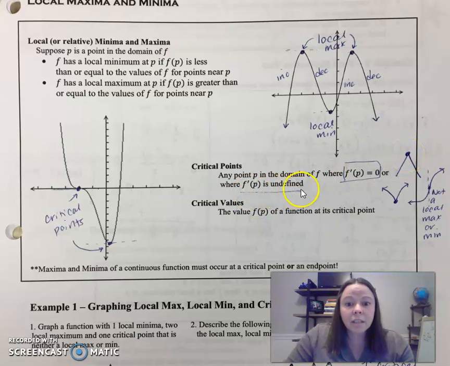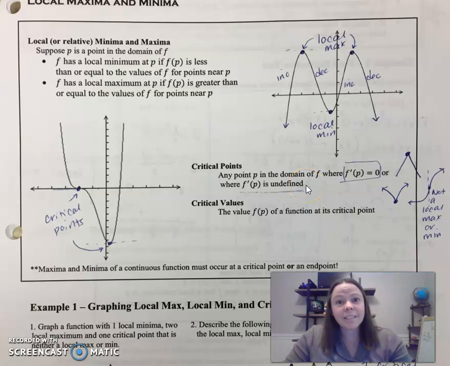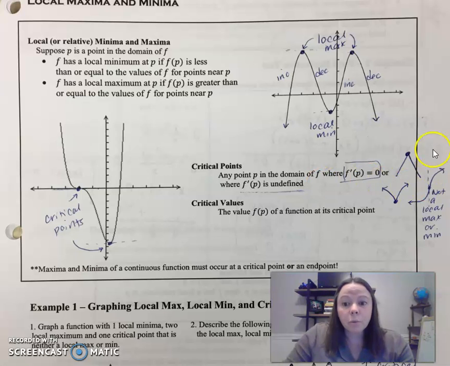So we'll have to take into consideration when the derivative equals 0 and when the derivative is undefined for these situations. And this is called a cusp. If you graph y equals x to the 2/3, that's an example of this type of graph. And then here we got to watch out for when the slope of the tangent line is vertical.